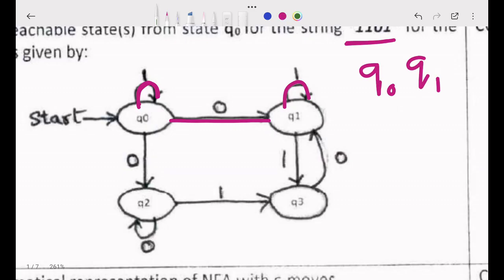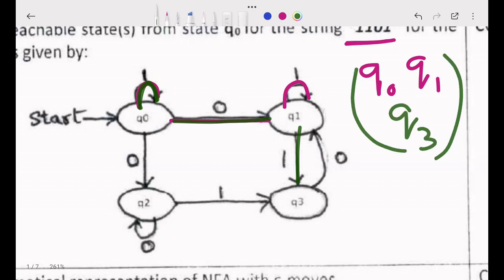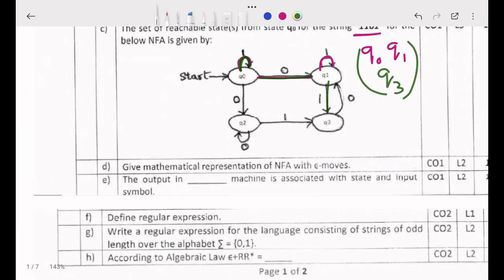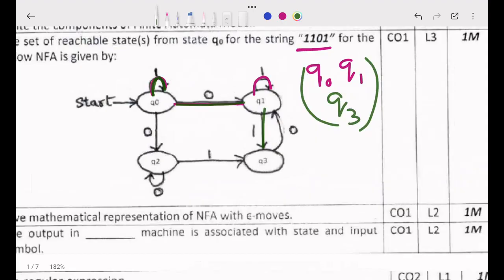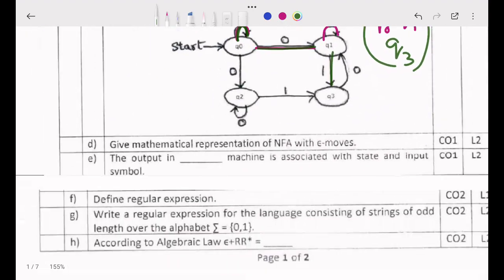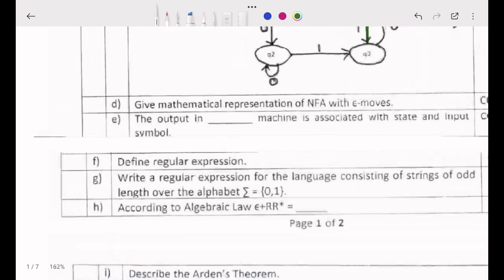Now suppose I am taking this 1 1, then 0, then I am going here, okay. So it means that I am reaching also Q3. So this is your answer, okay. How many states, okay, you can reach if you are reading the text, okay. So now next, or string you can say.